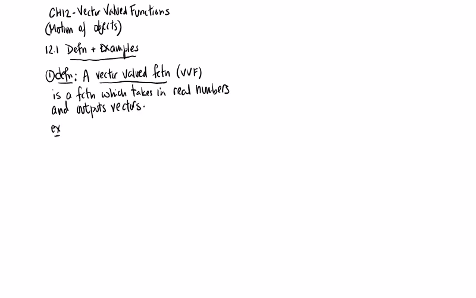So a few examples. Because it outputs vectors, the function name will have a bar over it. Something like r of t equals (1 plus 2t) i plus (4 plus t) j. Now this should be familiar because this is the vector equation of a line.